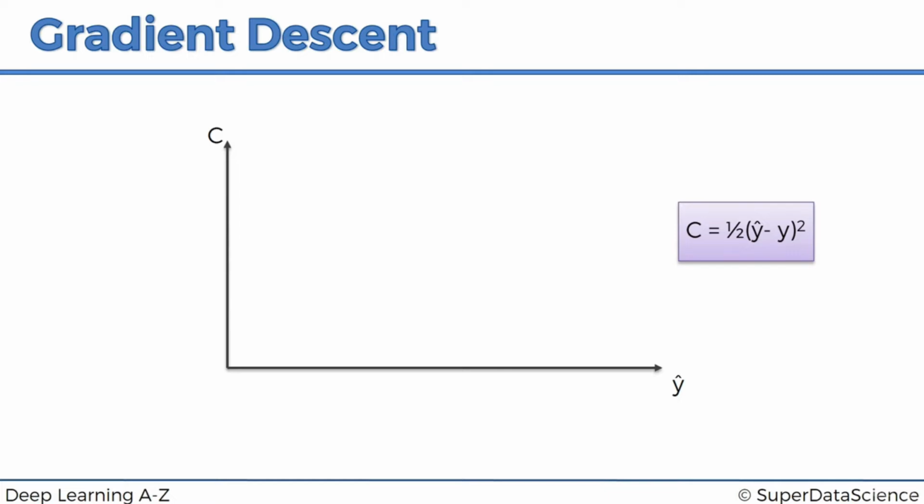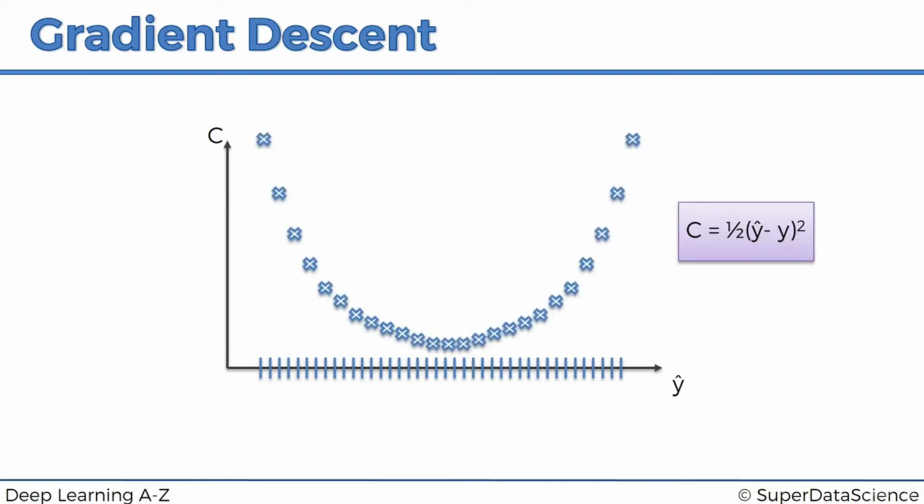Well, one approach is a brute force approach, where we just take lots of different possible weights and look at them and see which one works best. For example, we'd try out 1,000 weights, and we'd get something like this for the cost function.